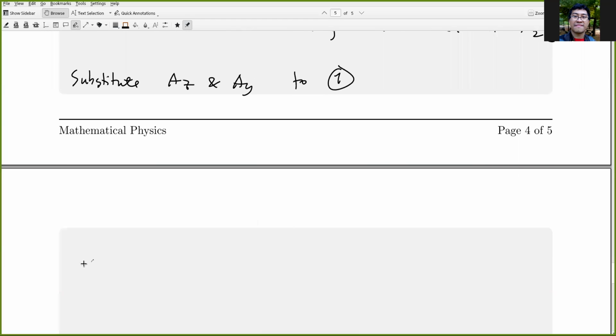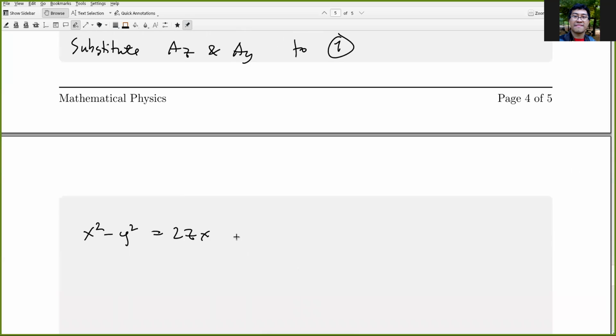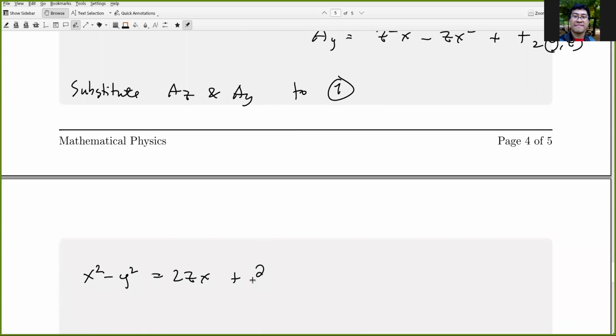So you have here x squared minus y squared equals this with respect to y, so 2zx plus the partial derivative of f1 with respect to y.